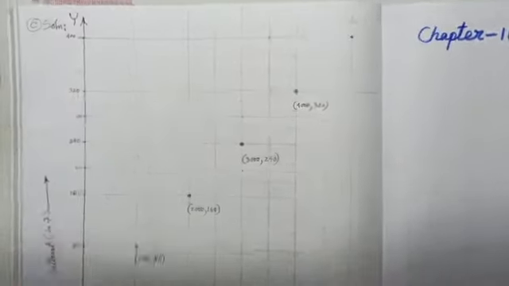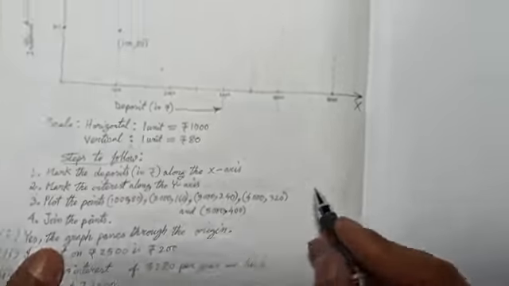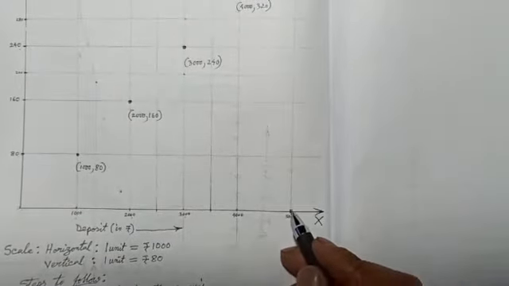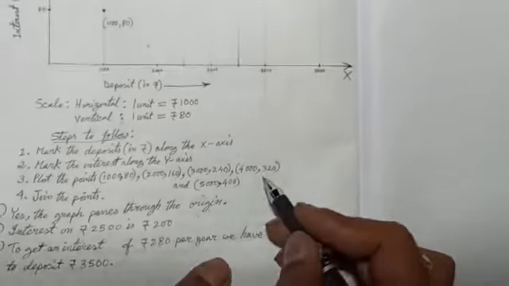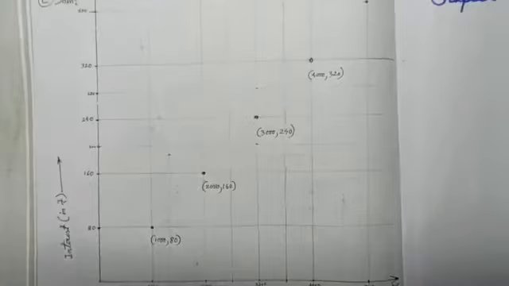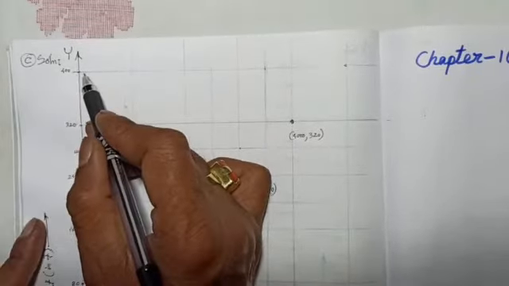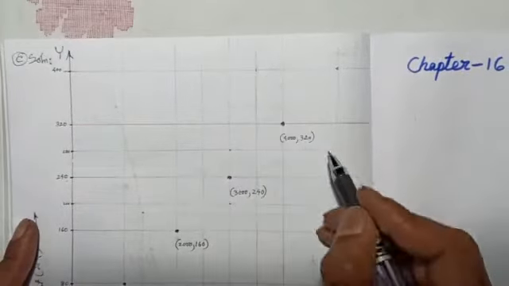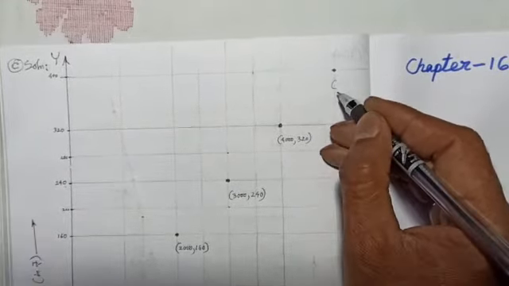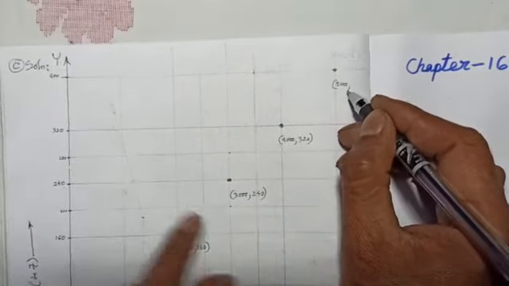And next is 5,000 and 400. So here is 5,000. Through this point we are drawing a perpendicular line, and next is 400. 400 is here. Through this point we are drawing another perpendicular line, and the two perpendiculars intersect here, and this point is the coordinate of 5,000 and 400.